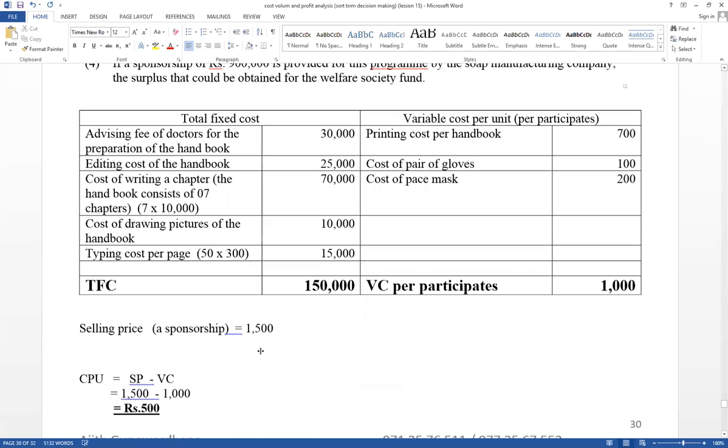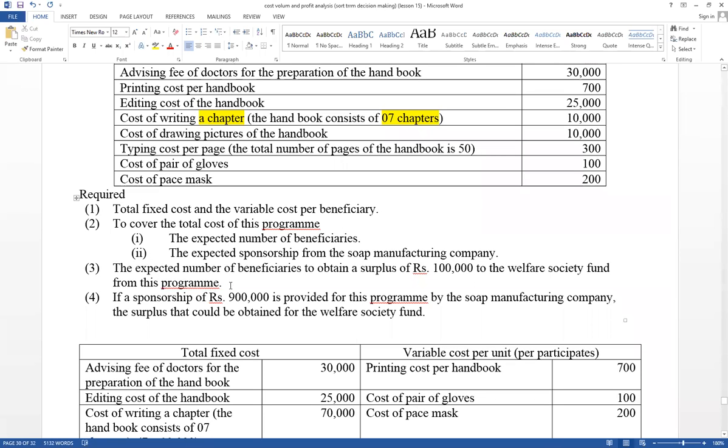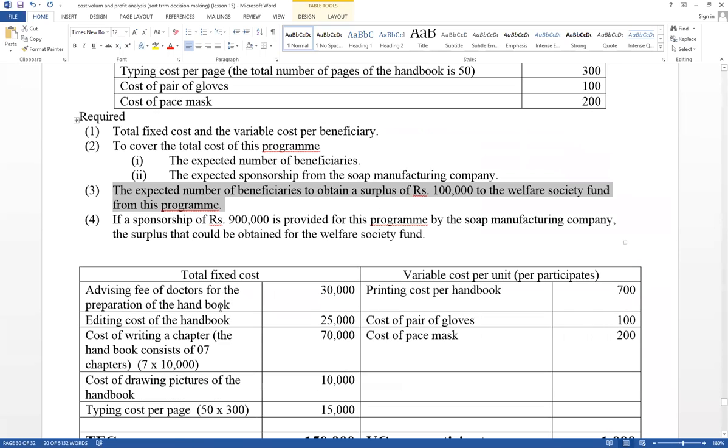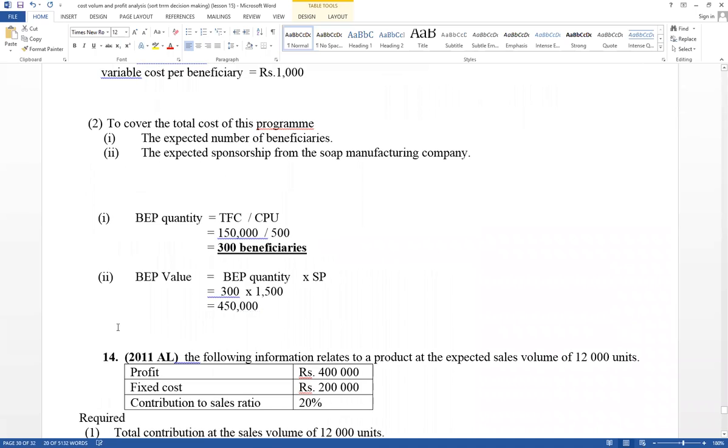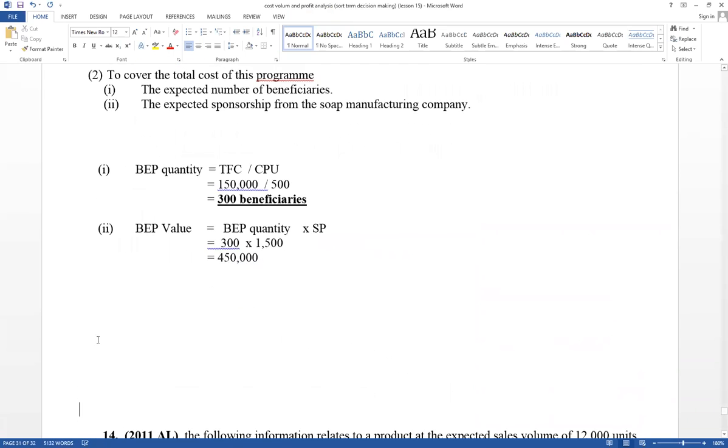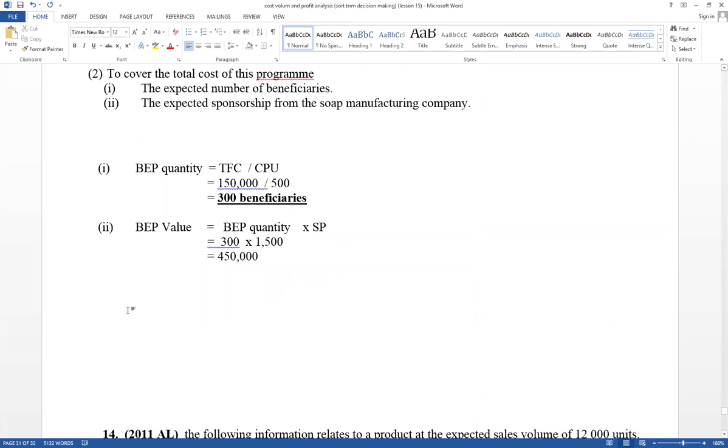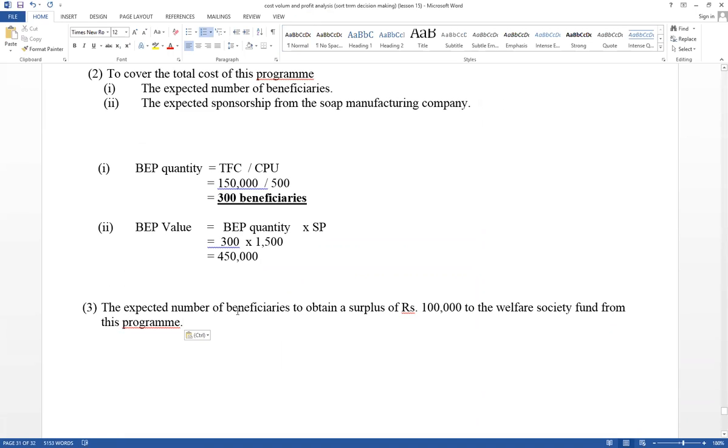Therefore, third one, first write the equation, they ask quantity. Third requirement: expected number of beneficiaries, they ask, to obtain surplus 100,000 to the welfare society fund. Therefore, this is the equation you have to apply.